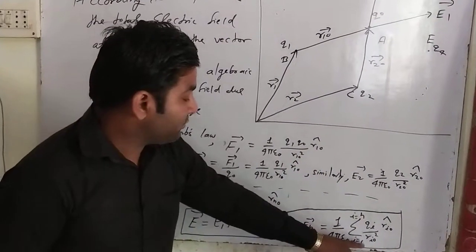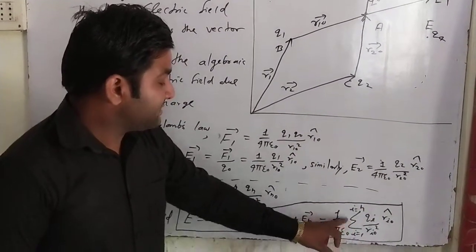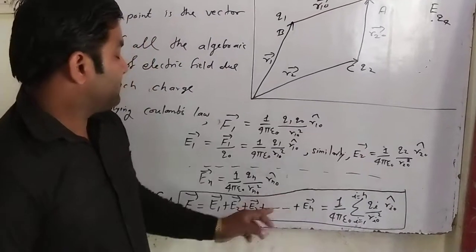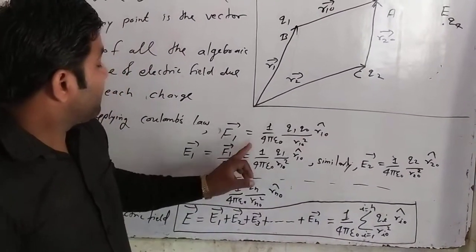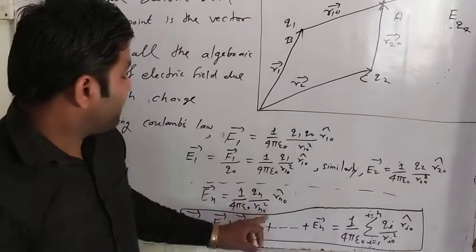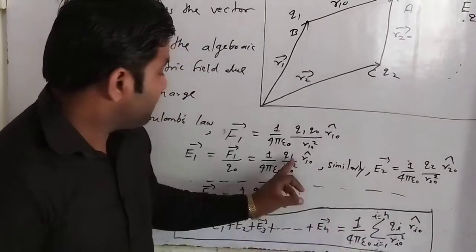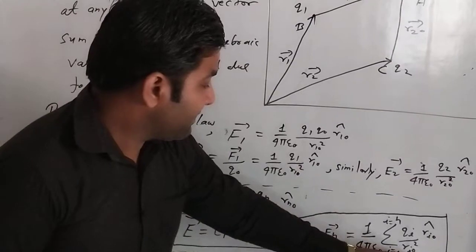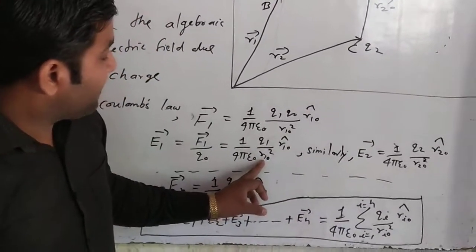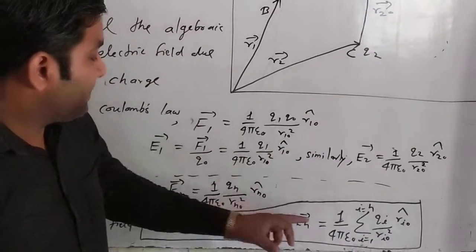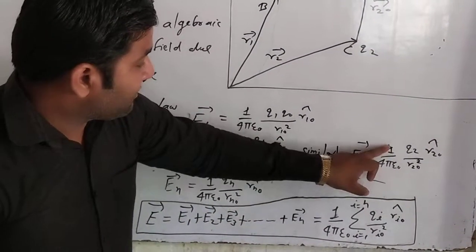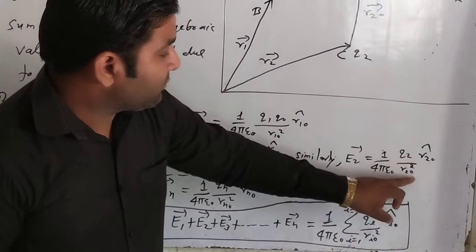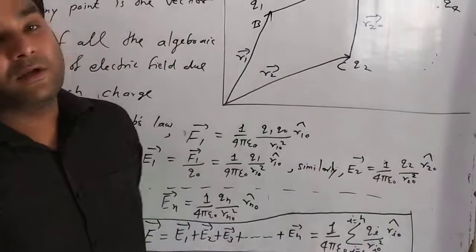Here i is equal to 1 to i is equal to n, and summation means adding up to the last term. When i is equal to 1, we obtain 1 upon 4 pi epsilon naught, Q1 at the place of Qi, and R1 naught square, R1 naught unit cap. When we put 2, then 1 upon 4 pi epsilon naught, Q2 upon R2 naught square, R2 naught unit cap.